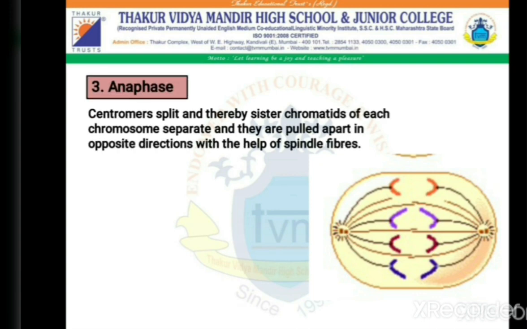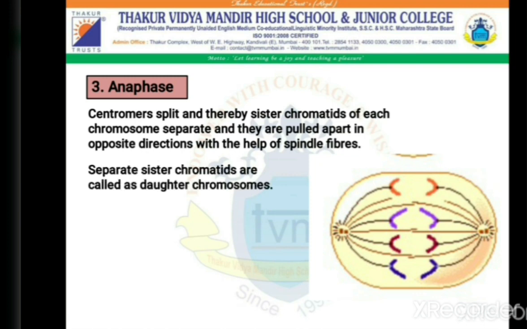In anaphase, the centromere splits and thereby the sister chromatids of each chromosome separate, and they are pulled apart in opposite directions with the help of spindle fibers. The spindle fibers are basically pulling those chromosomes and breaking them into sister chromatids.